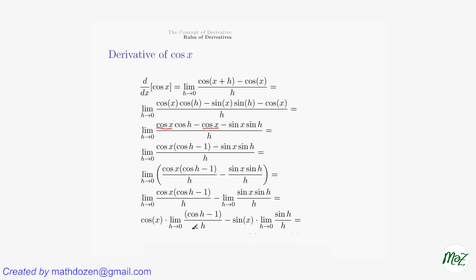Now we remember that the limit as h goes to 0 of cosine h minus 1 over h is actually equal to 0. And the limit as h goes to 0 of sine h over h is actually equal to 1. So we get cosine x times 0 minus sine x times 1, and the end result is negative sine x.